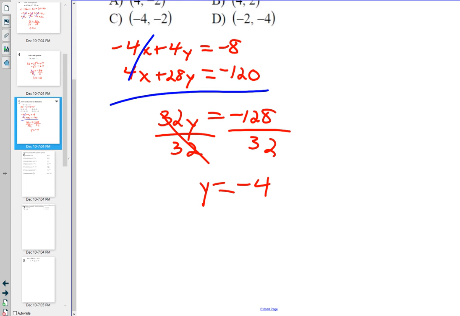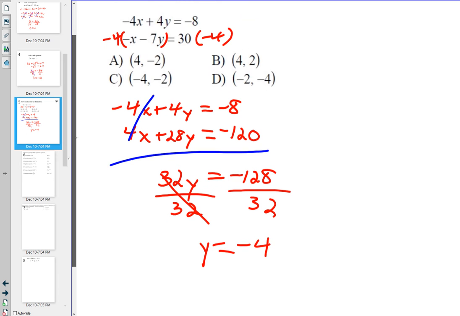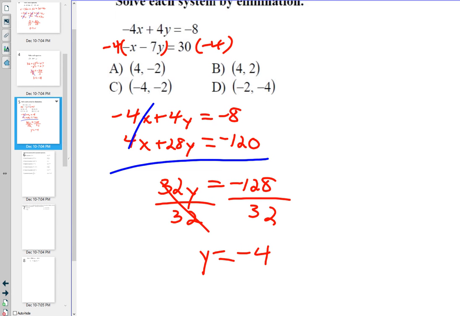Now that I have the y, how do I find the x? Substitution. Now you might actually think that the bottom one is preferred. I'm scared that if you plug into the bottom one, you're gonna forget to get rid of that negative. So I'd probably tell you to go into the top one.